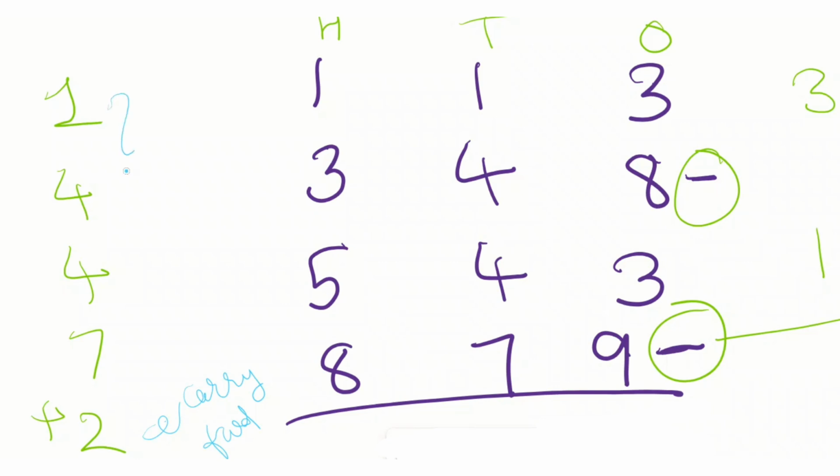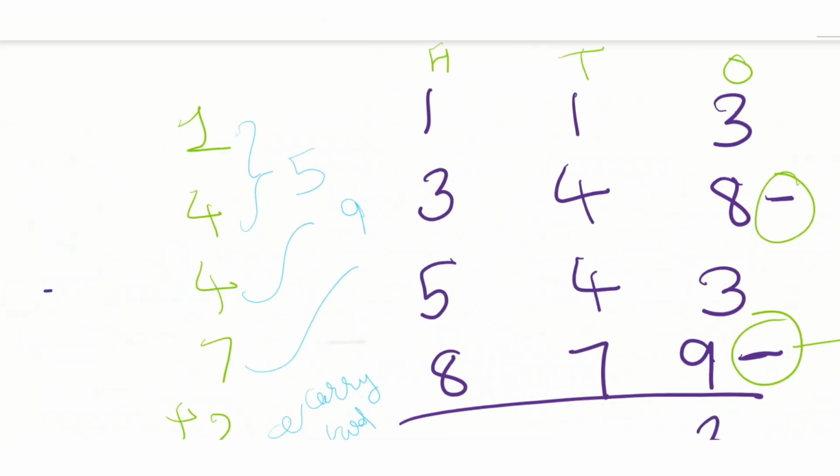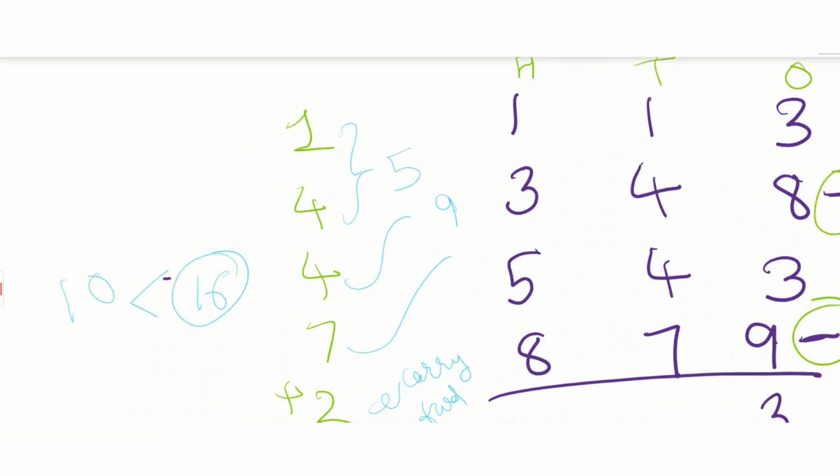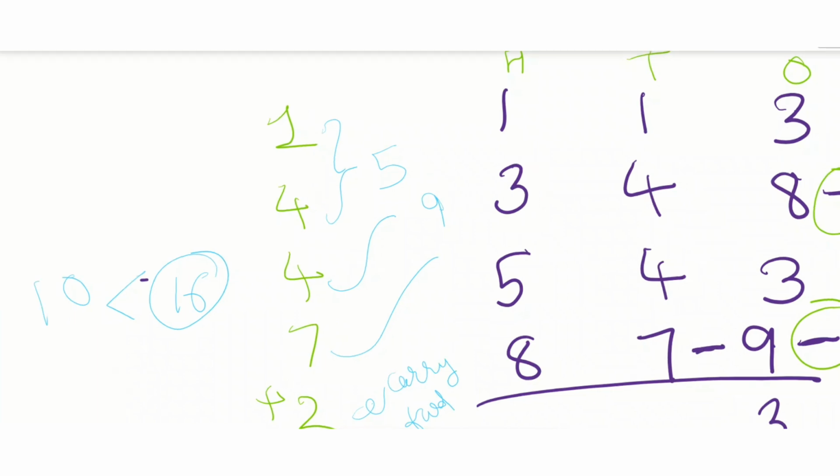Okay, so 1 plus 4 is 5, 5 plus 4 is 9, and 9 plus 7 is 16. Now, let's just write it down here. 16 is what we're getting, which is greater than 10. So we're going to put a dash in front of 7 over here, and then continue with the ones digit place, that is 6.